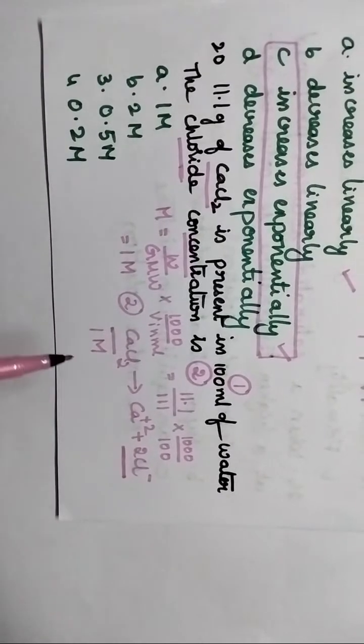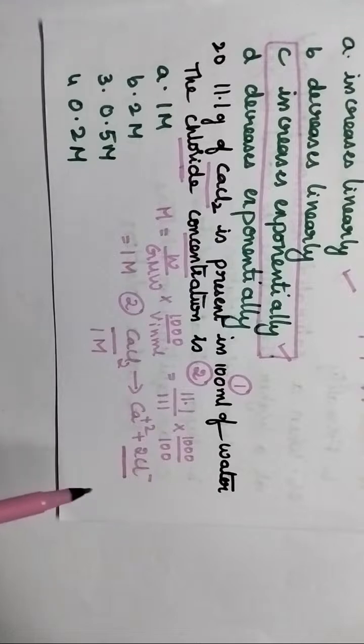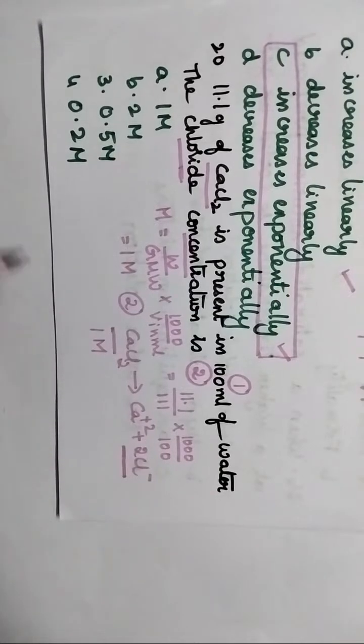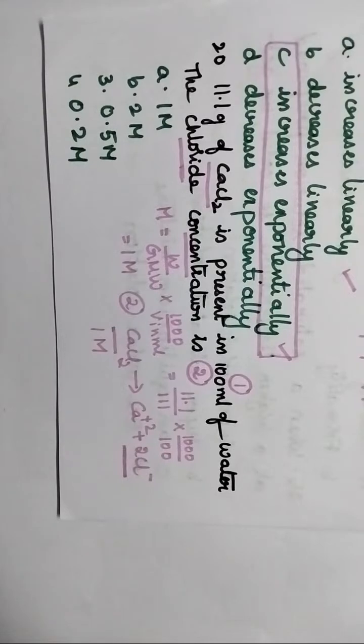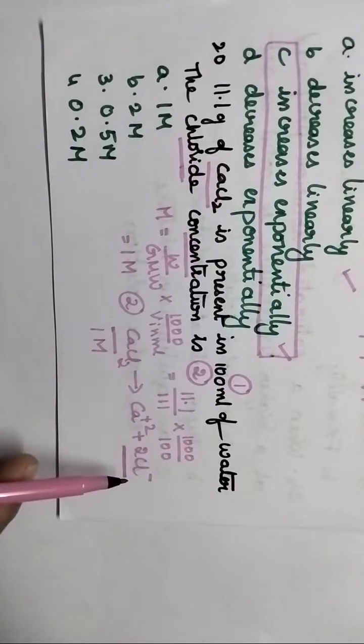I will repeat once again. 1 molar solution of calcium chloride gives how many chloride ions? 1 molecule gives 2 chloride ions. So 1 mole gives 2 moles of chloride ions.